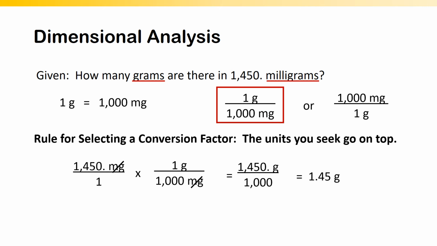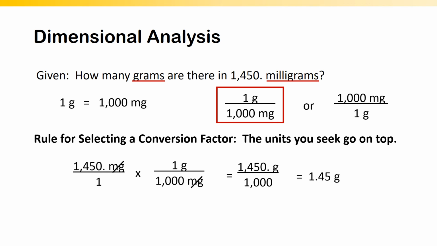If we look back at our given value, we see that it has 4 significant figures. Because remember, that decimal that we see here in 1,450 means that trailing 0 is important to us. Dr. O's Easy Rules of Significant Figures, rule number 2.